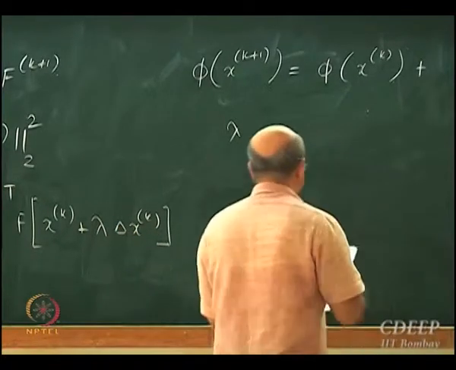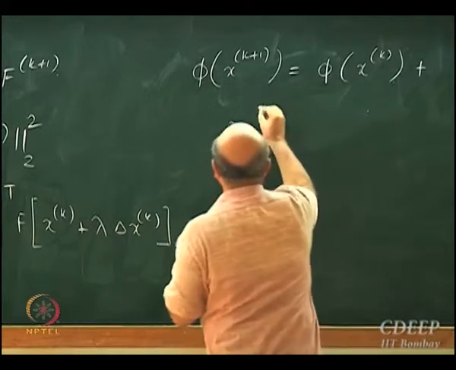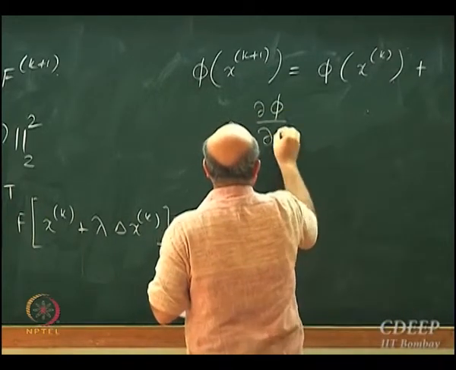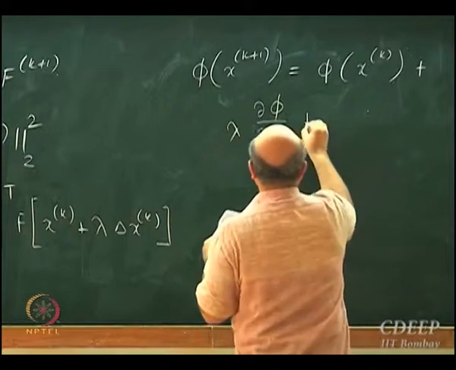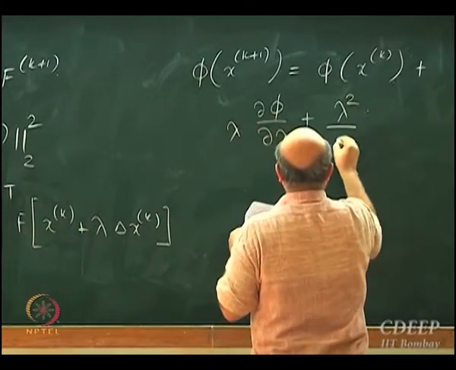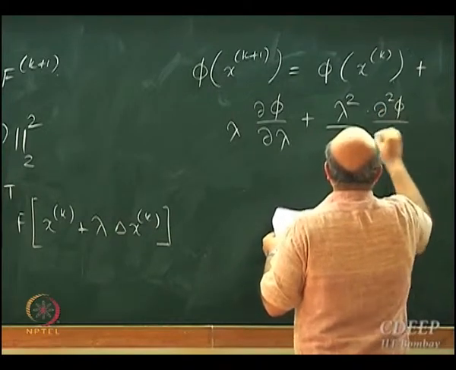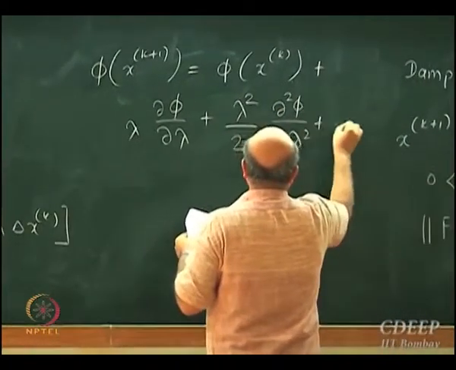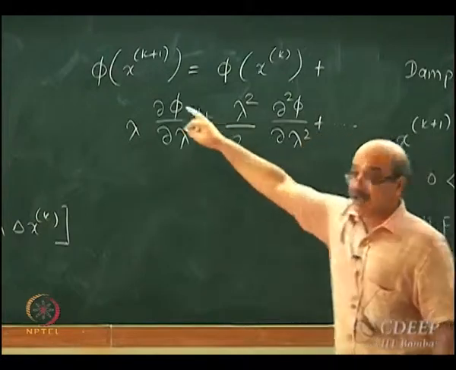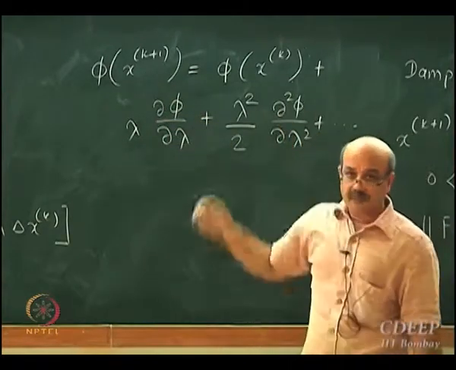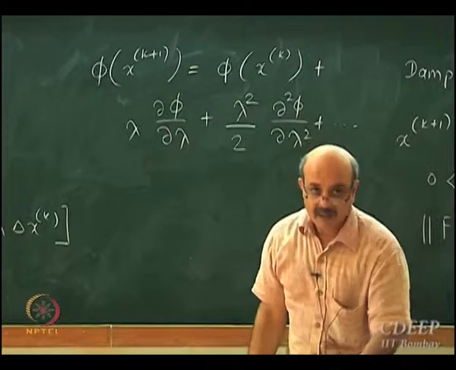So phi at x k plus lambda dou phi by dou lambda plus lambda square by 2 dou 2 phi by dou lambda square and so on. I am expanding this as a function of lambda.